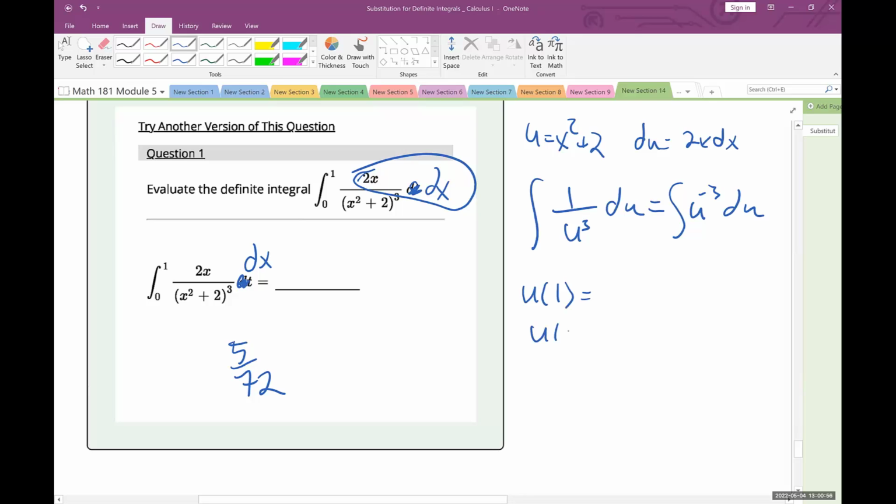And what is u of 0 going to be? u of 1 is 3. Yeah, it's 1 squared plus 2 is 3. And u of 0 is 0 squared plus 2, which is 2. So the limits are going to go from 2 to 3. Are you okay with that?